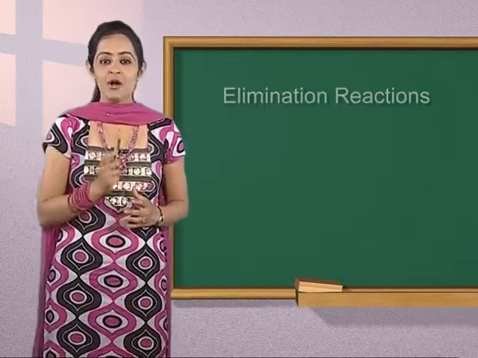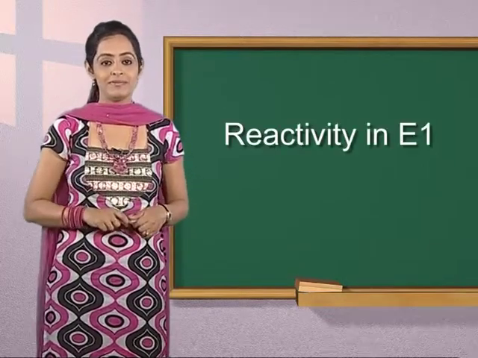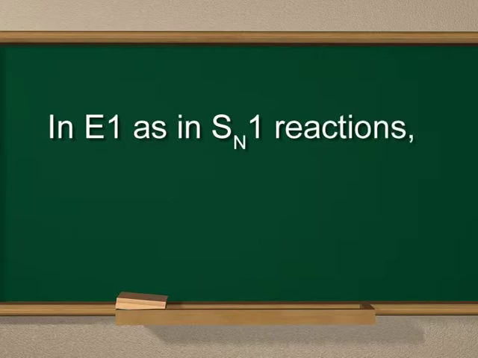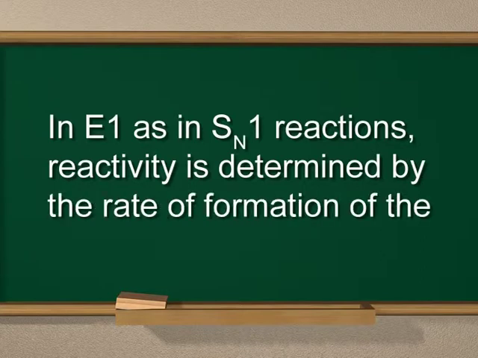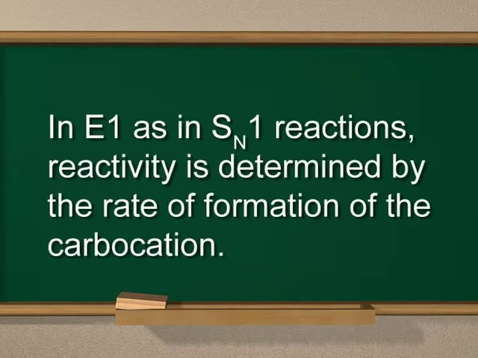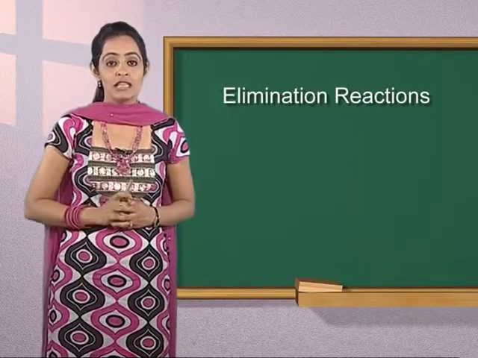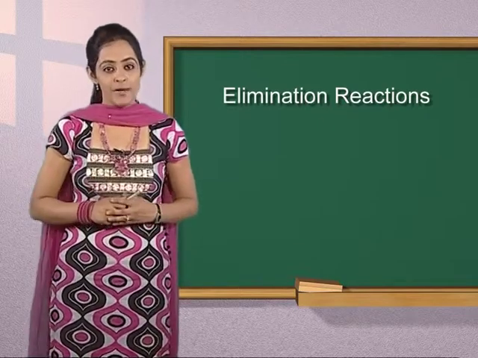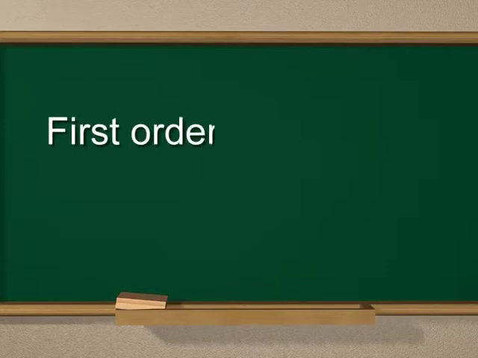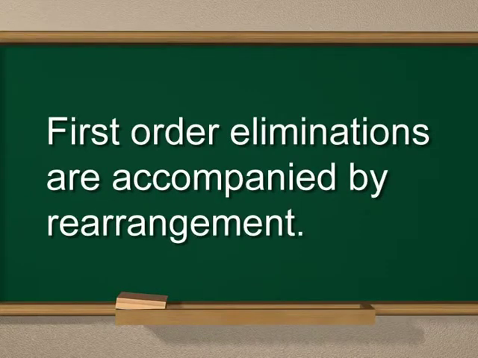Children, we will now discuss reactivity in E1. In E1, as in SN1 reactions, reactivity is determined by the rate of formation of the carbocation, and this we have seen depends upon the stability of the carbocation. Where the structure permits, these first order eliminations are accompanied by rearrangement.